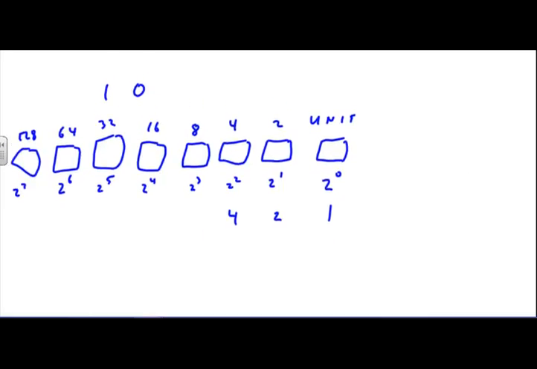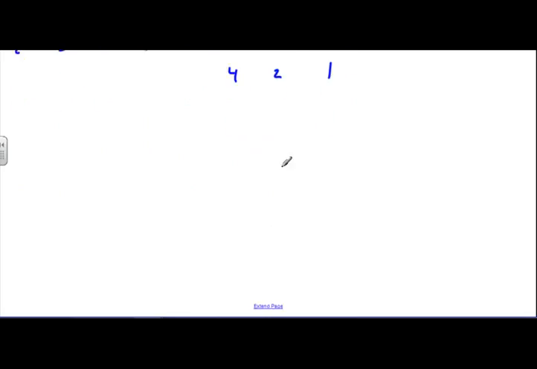So now I got this base 2 number, 101110, and I want to know what is that number in base 10? That's what I want to know. All right, so I change color, and I look there, and I have 0 1s. I've got a 2.